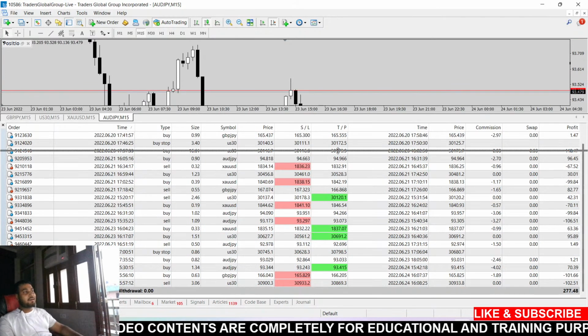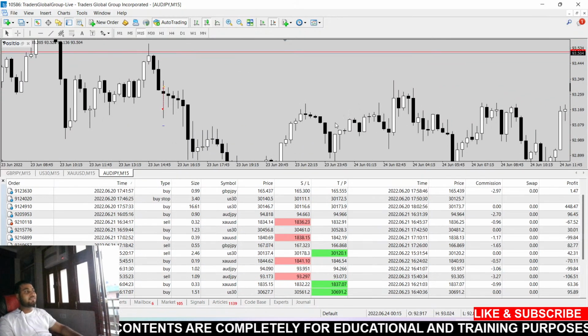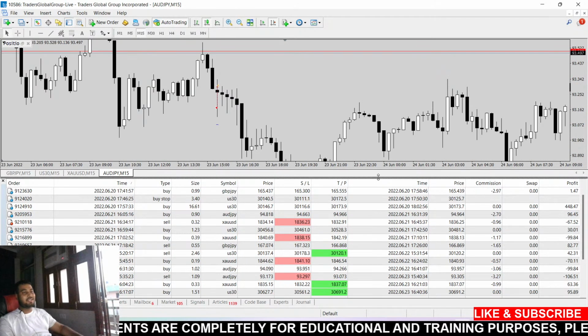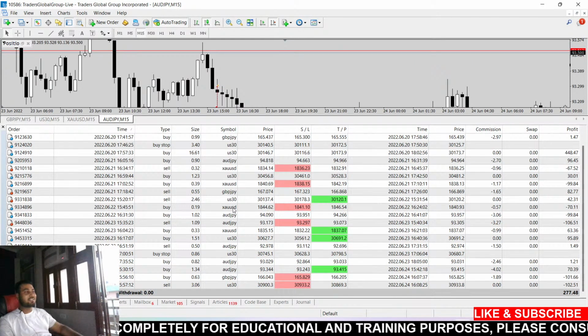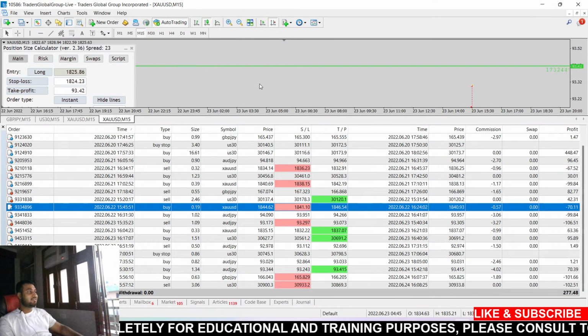So, Parmeshwar, after seeing all this, sometimes you cannot save your losses. If you look at this $70 gold loss, I can show you.